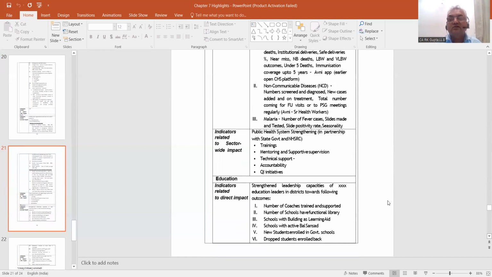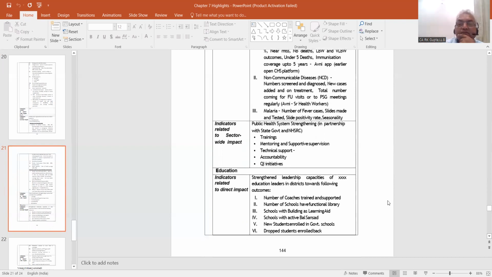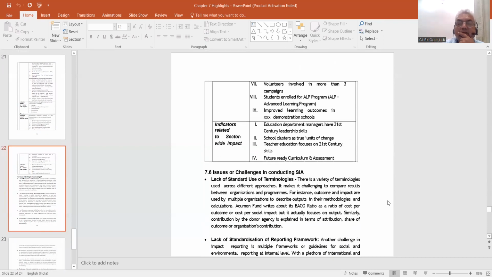In case of education, these could be the number of coaches trained and supported, number of schools which have a functional library, schools with building as learning aid, schools with active Bal Sansad, new students enrolled in government schools, dropped-out students enrolled back, volunteers involved in more than 3 campaigns, students enrolled for the ALP program, advanced learning program, then improved learning outcomes in demonstration schools. Then indicators related to sector-wide impact.